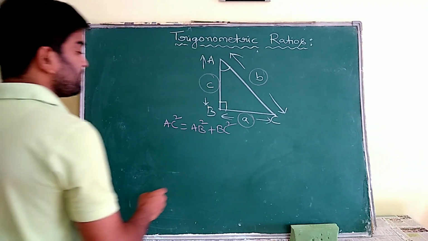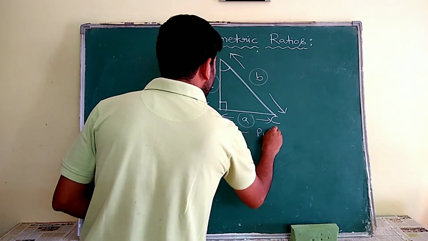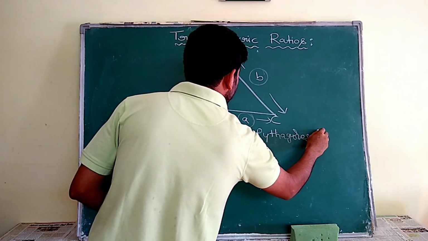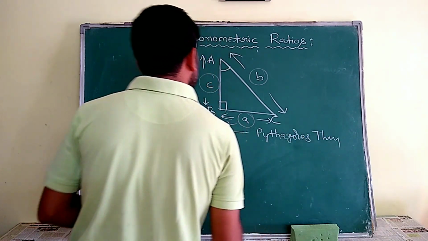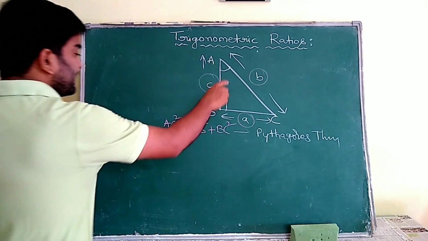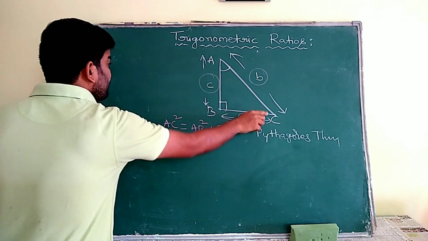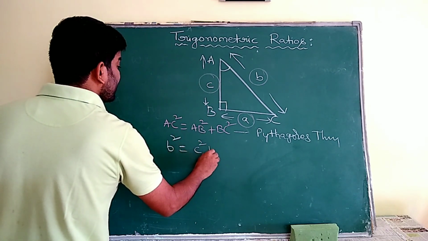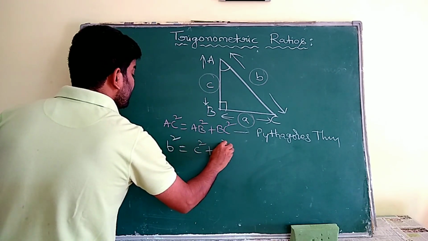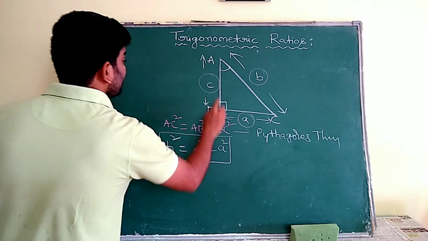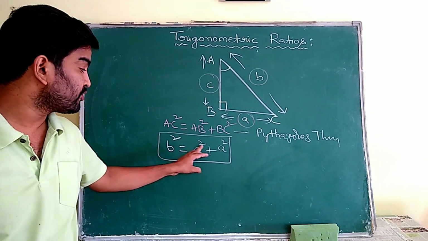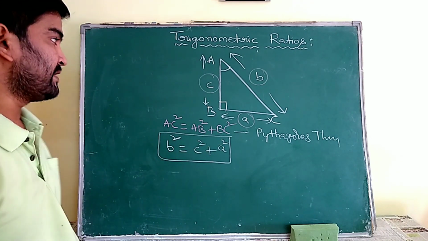This is the Pythagoras theorem. By that, AC is b, so b square is equal to AB, that is c square, plus BC, that is a square. So the relation between the sides is b square is equal to c square plus a square.